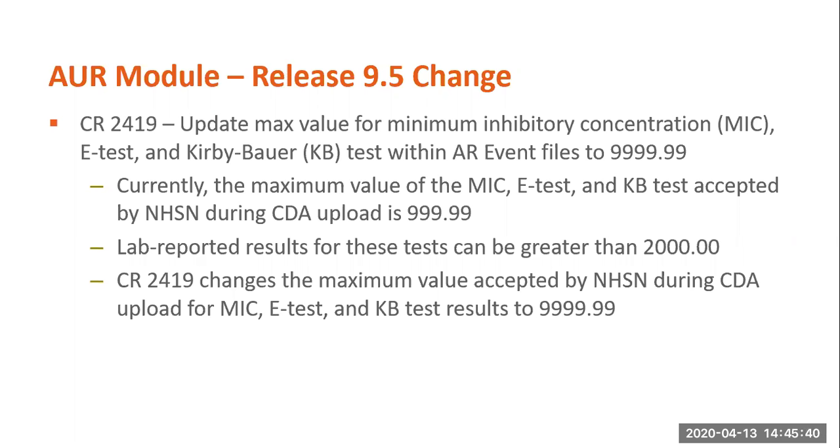Lab reported results for these tests can be greater than 2,000. Change request 2419 changes the maximum value for the MIC, E-test, and KB test results accepted by NHSN during CDA upload to 9,999.99. Now I'll hand it over to Amy Webb to talk about AUR Module 10.0 updates.